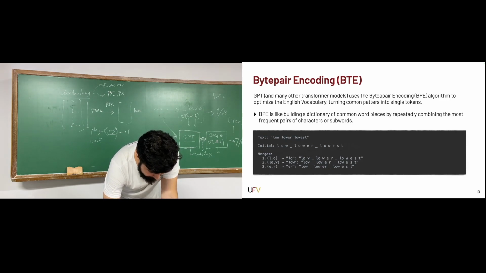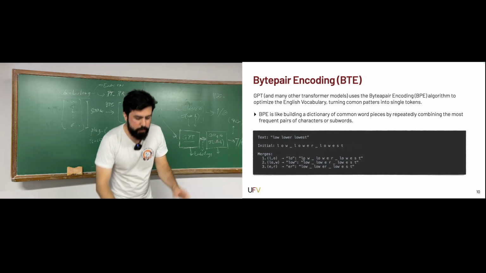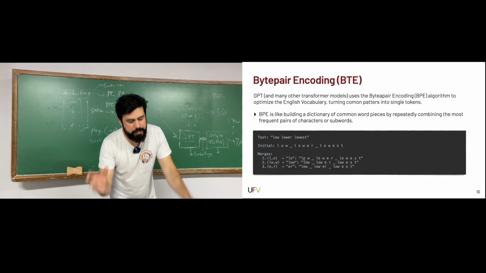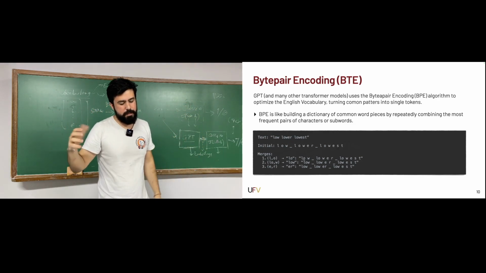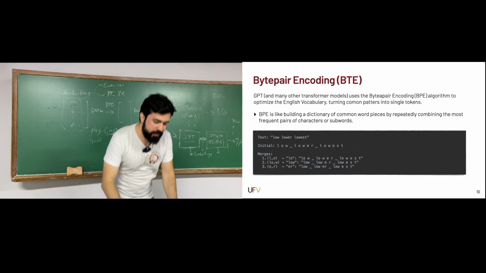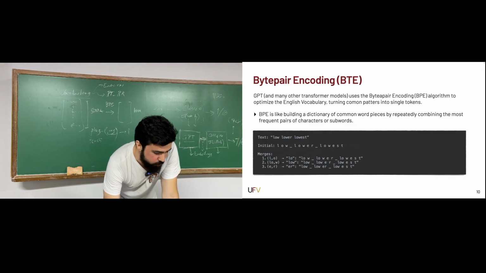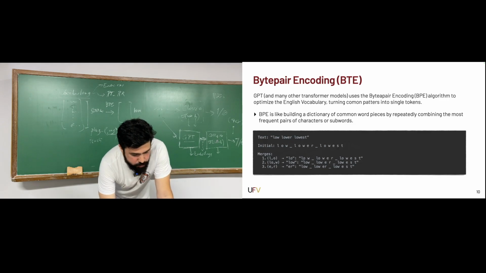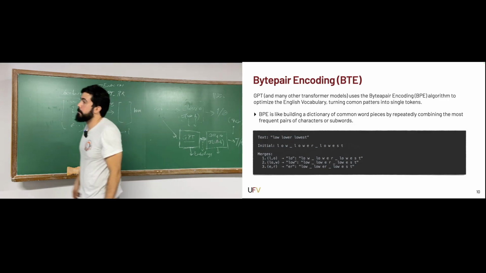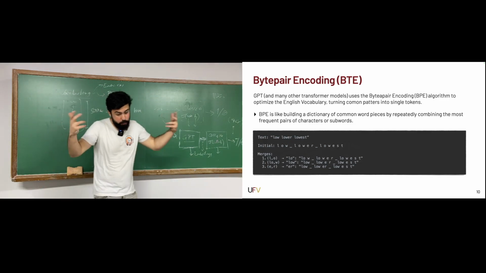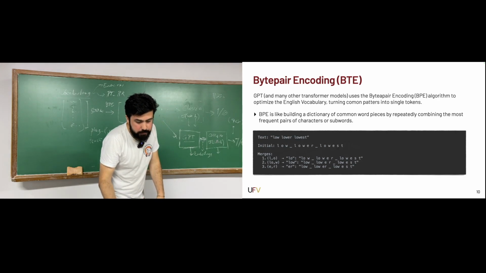And now you have to look at the token level as well, because lo became a token. So now you combine L-O with W, because they are the most frequent pair of tokens. And you keep doing that.